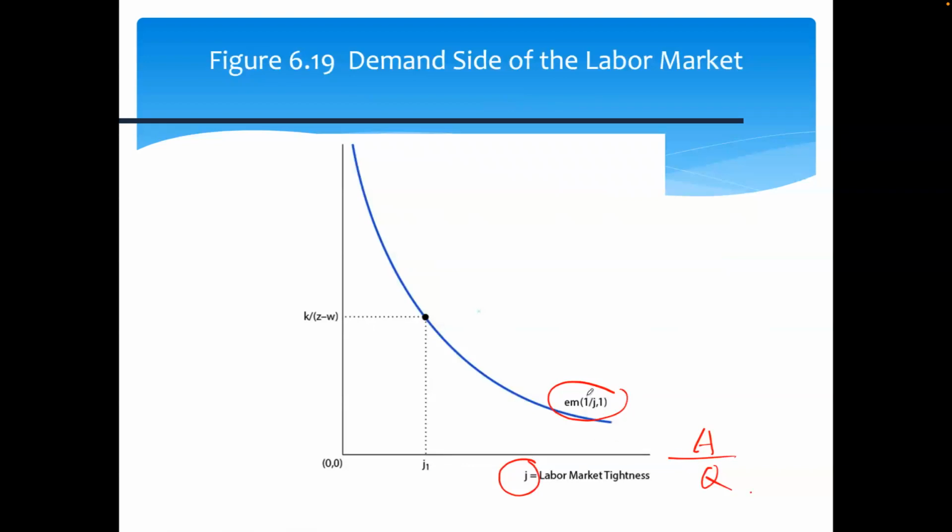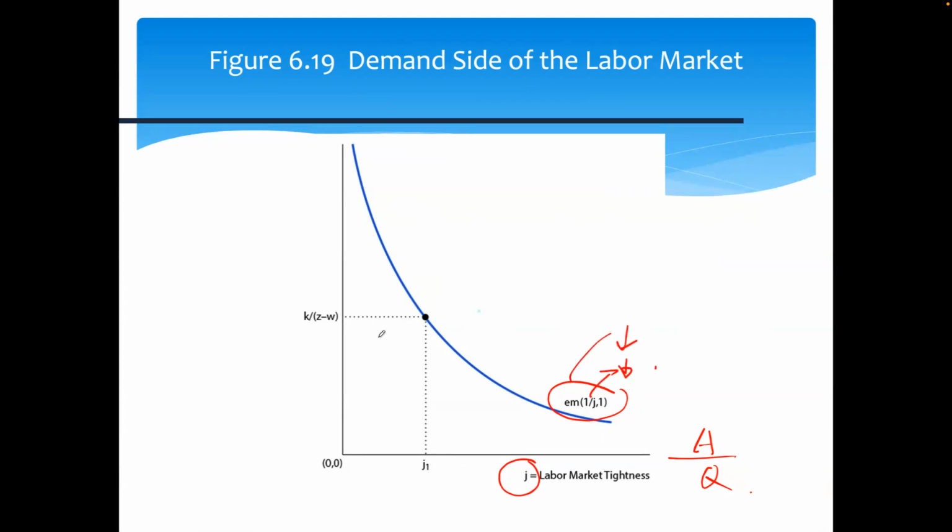Higher J means this number is going to be smaller, and then the entire thing is going to decline. So the labor market becomes tighter, meaning there are more job openings, and certainly for each firm, there is a smaller chance to get the desired candidate. That's why this is declining.